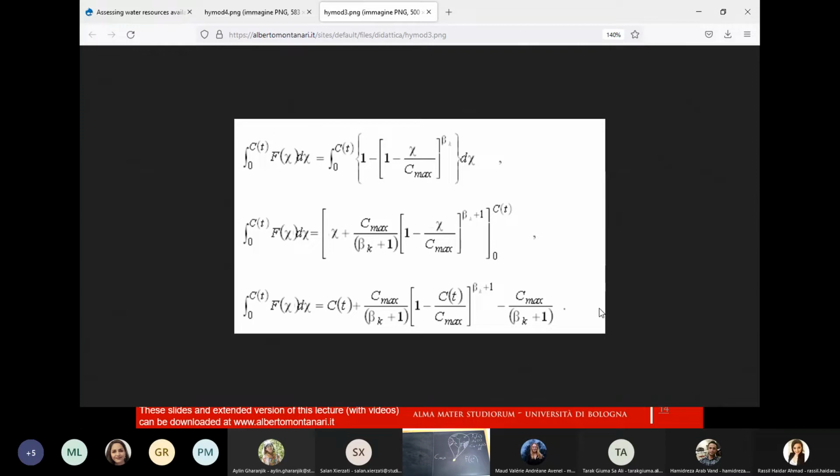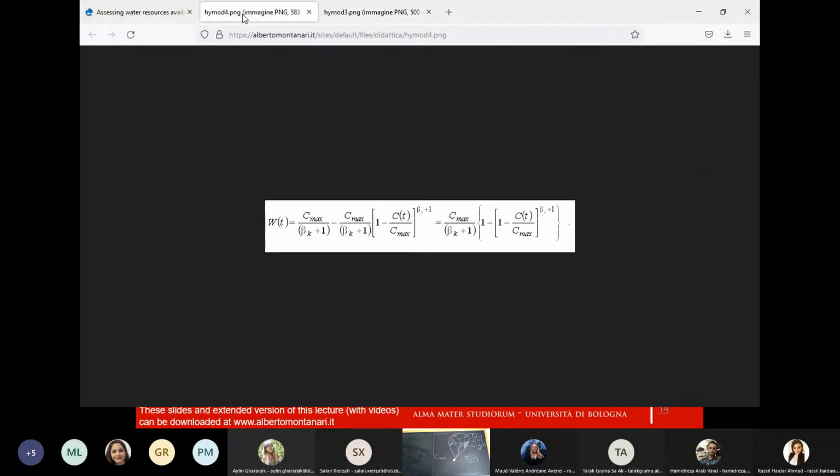And then there is the last term, which becomes a plus. Now I can move to the previous slide. You see the plus here, C max divided by beta k plus 1, minus C max divided by beta k plus 1 times the quantity between square parentheses at the power beta k plus 1.